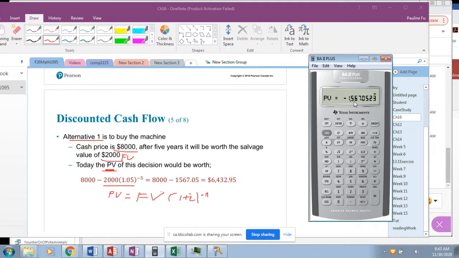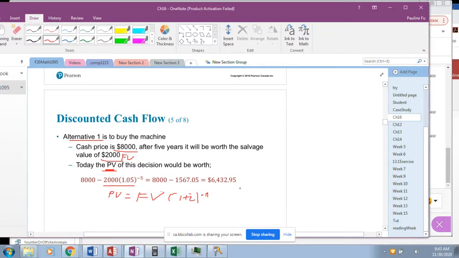So you get this number, 1567. I will write it down for your future reference.